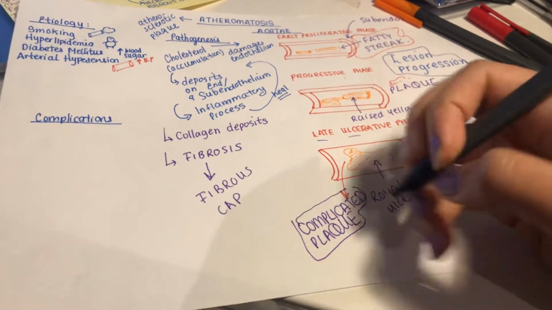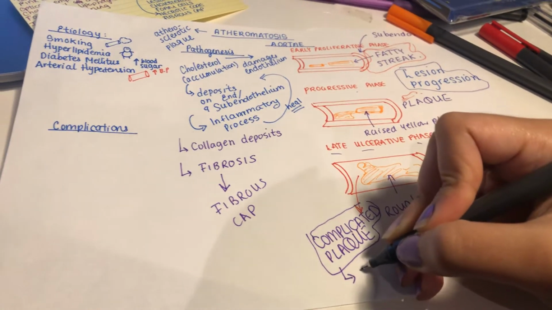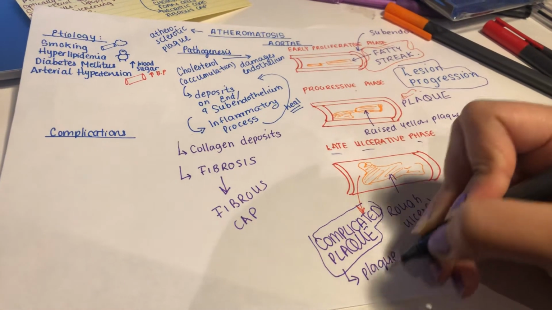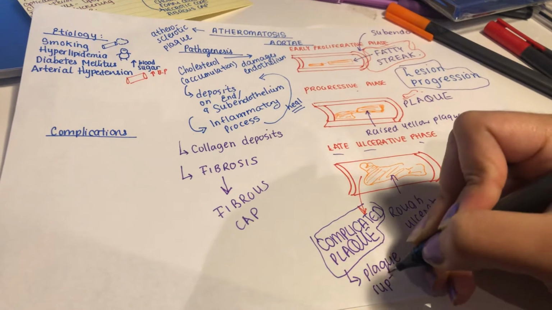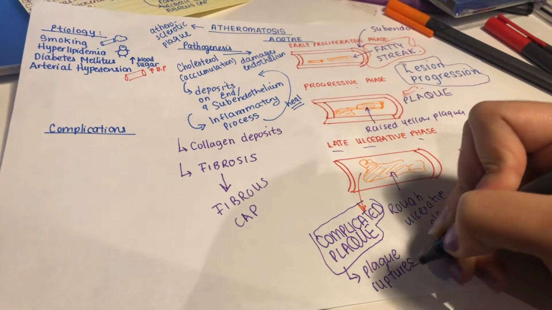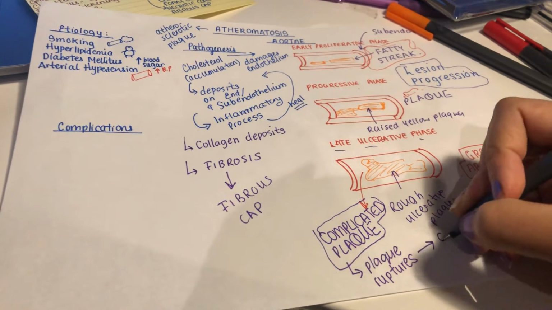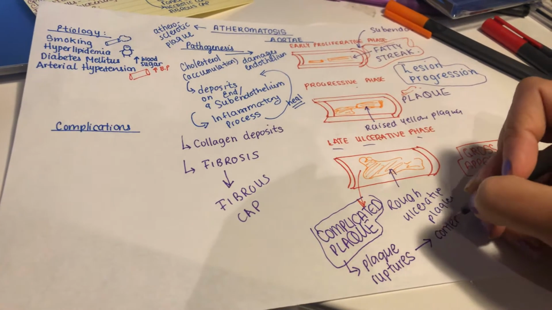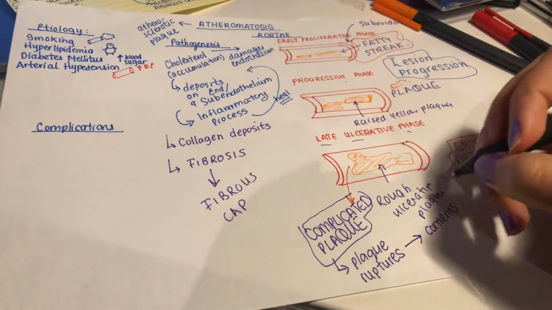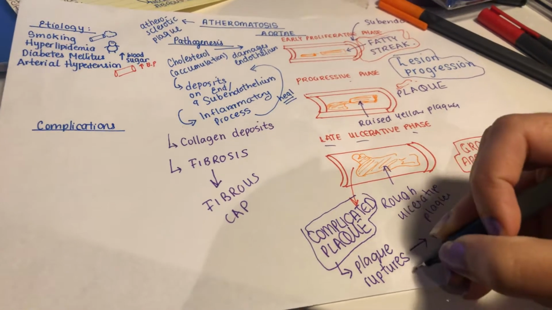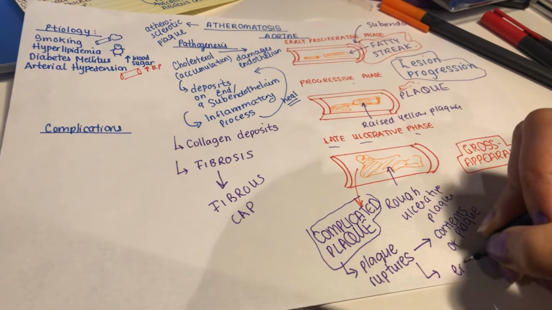A complicated plaque is what occurs once the initial atherosclerotic plaque ruptures. If it ruptures, the contents of the plaque are left in the bloodstream and dispersed, and if it does not rupture, it can become eroded.